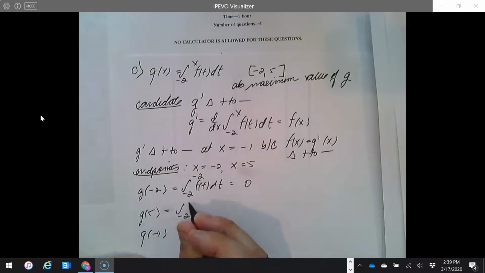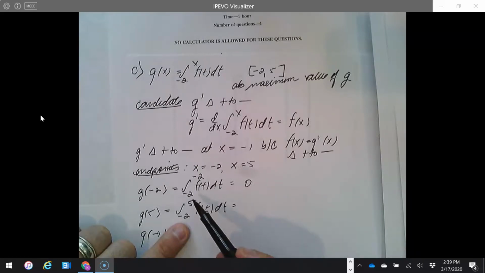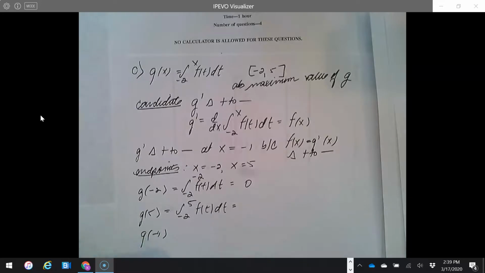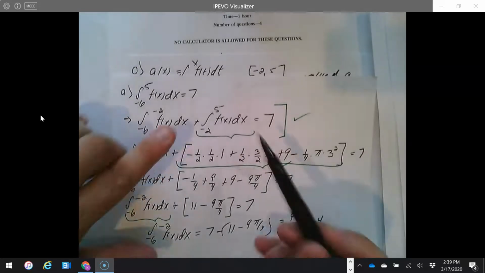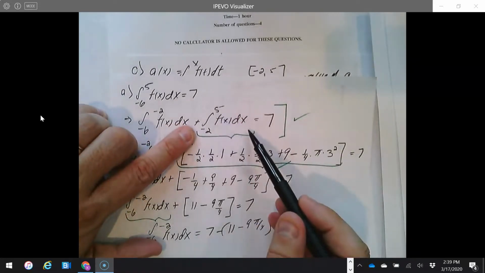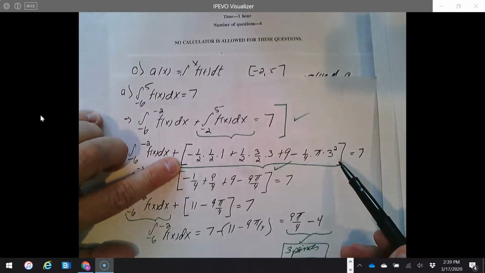To find g of 5, that's the integral from -2 to 5 of f of t dt. Well, wait a minute. The integral from -2 to 5, I think we actually did all of that work earlier. That was all the way back in part A. The integral from -2 to 5 was this computation, which was all this mess here.